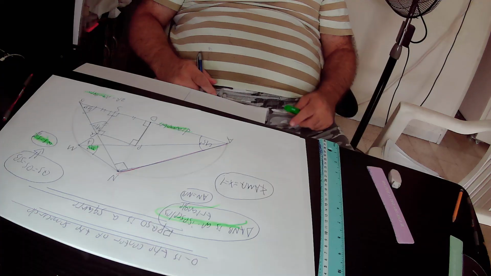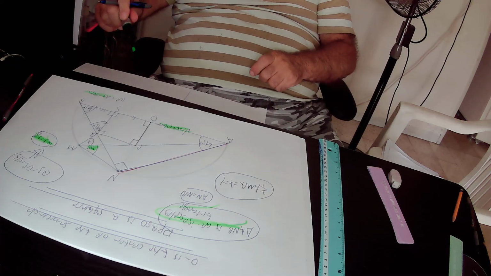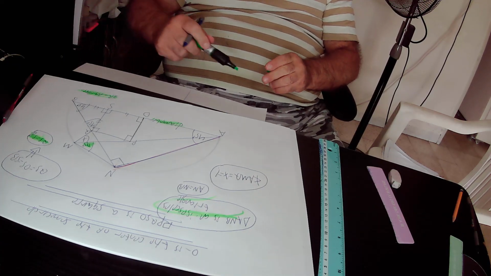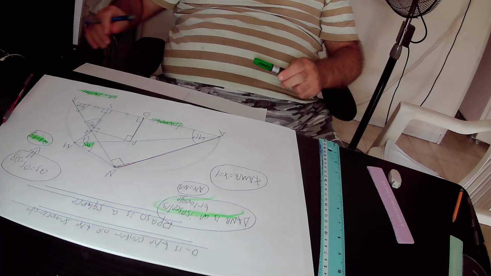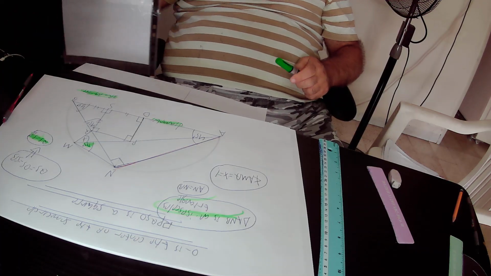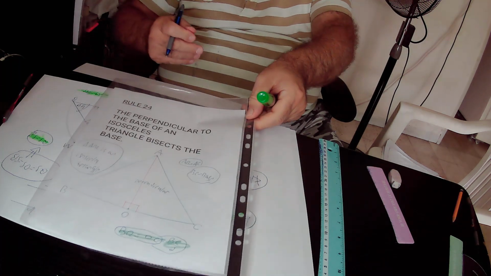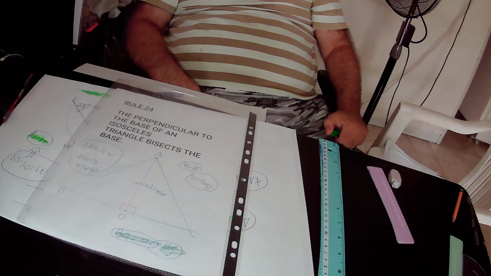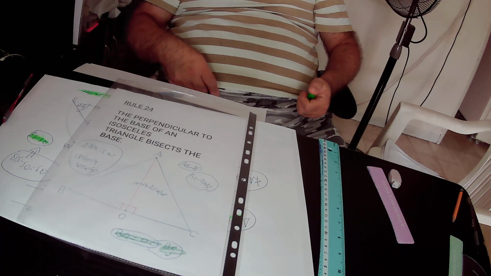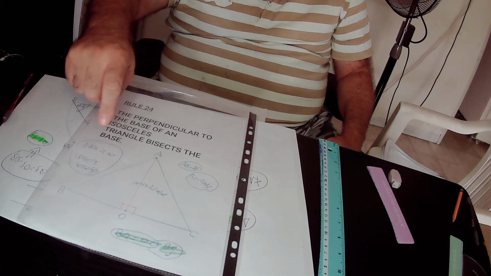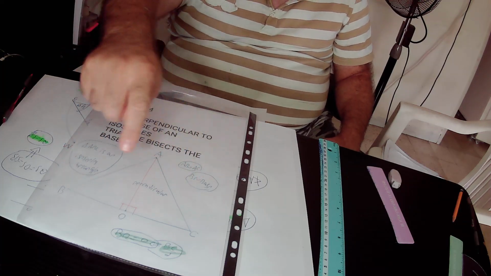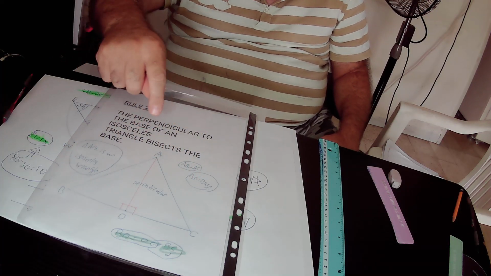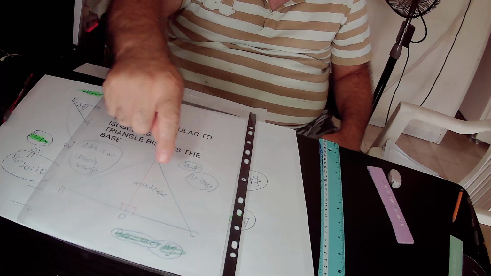So here we can implement rule 24 in our drawing. Please click on rule 24. According to rule 24, the perpendicular to the base of an isosceles triangle bisects the base. In the drawing, we have the isosceles triangle ABC. Triangle ABC is an isosceles triangle because side AB equals side AC.